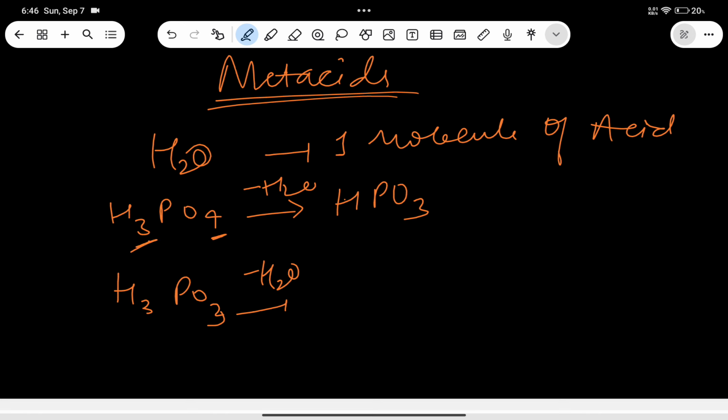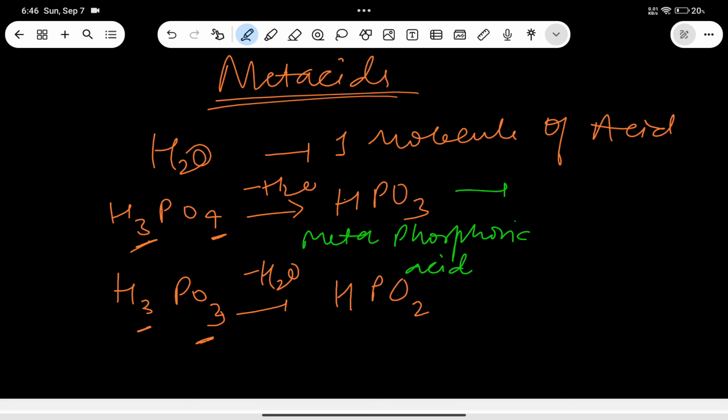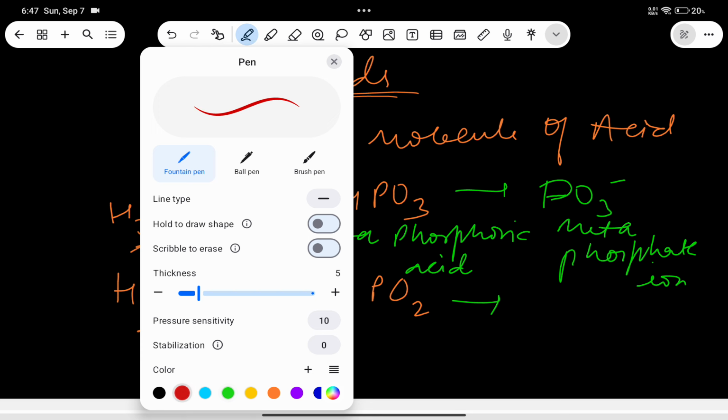Two hydrogens are removed from this and one oxygen is removed, so it will become this. This we can call metaphosphoric acid, and the anion that it can form is simply PO3 minus, so it will be metaphosphate ion.